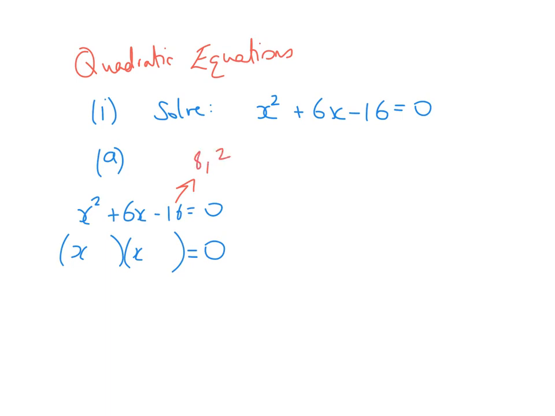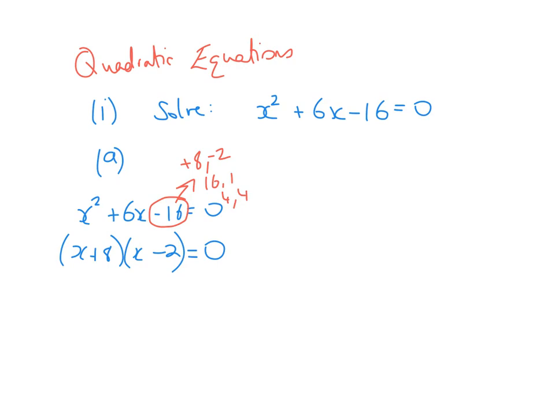So 8 and 2, 16 and 1, 4 and 4, and then which one of those can we use to create the plus 6x? That's going to be the plus 8 and the minus 2. Remember, because it's minus 16, one has to be a plus and one has to be a minus. I'm just going to skip a step here and put it straight into the brackets, but you can obviously make your 6x out of the 8 and the minus 2. So that's going to be plus 8 and minus 2.